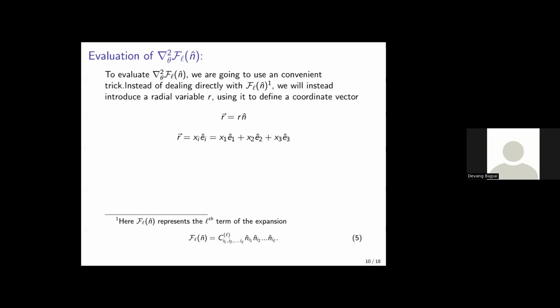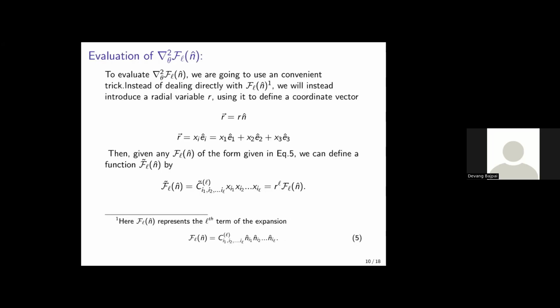Now I will denote the Cartesian coordinates by x, y, and z, and I will denote them in index notation in the following way using x sub i. The term of this form can be expressed in terms of this r. So here I have defined the old r^L term in terms of n hat, now in terms of the r vector. You can say that here I have multiplied it with that r vector.